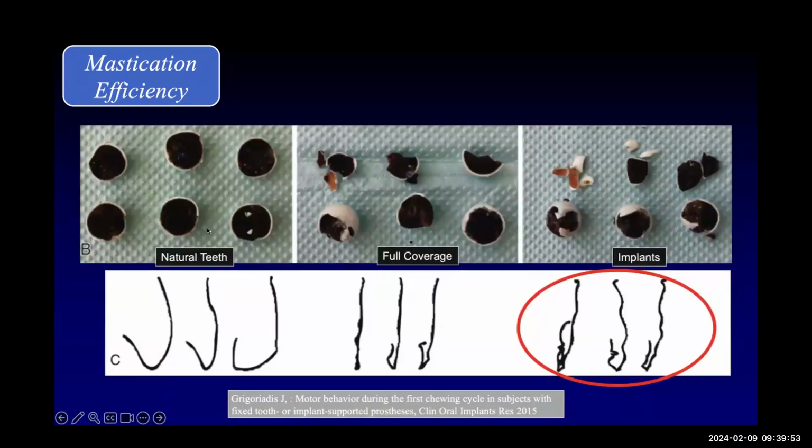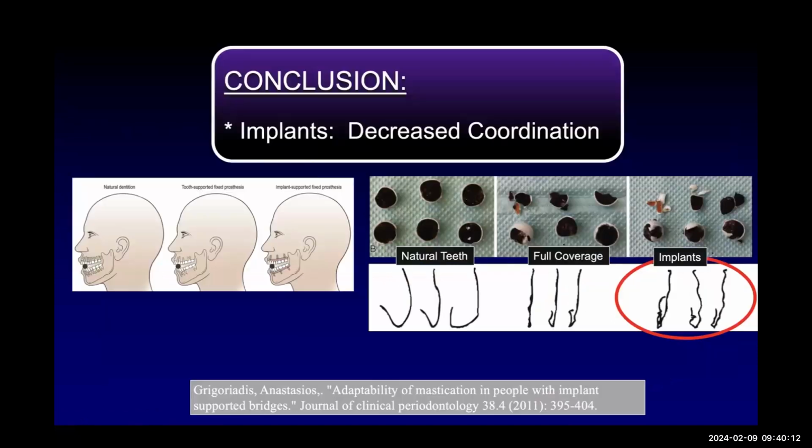Well, if we look at it, the natural teeth group did great. They're pretty good. The full coverage restorations, not that great. The implants were horrible, and you can see it's all over the place. Their biting and chewing strokes, so the mastication efficiency just isn't there. So the bottom line is with implants, you have decreased coordination.